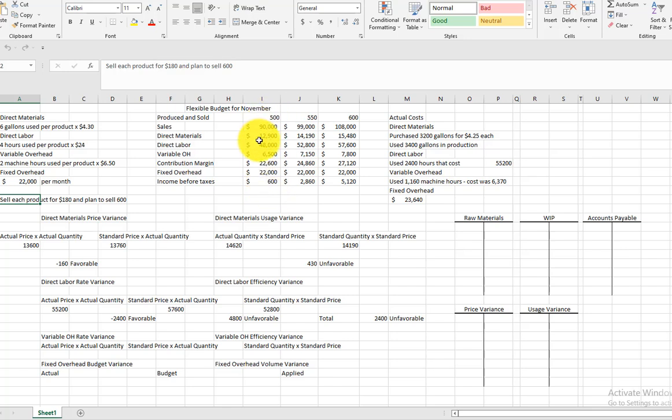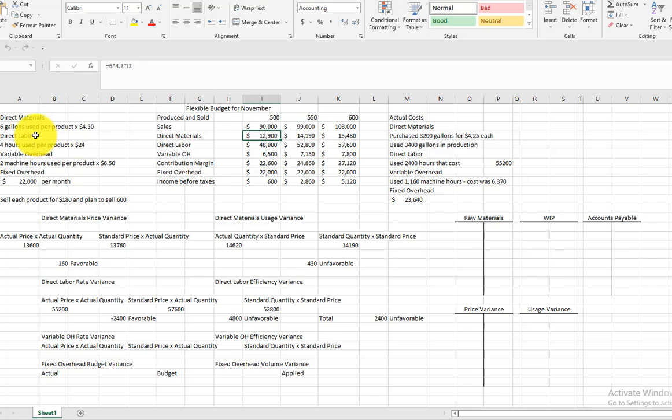So we're going to do a flexible budget at 500, 550, and 600. So 600 is what we are planning, but just in case we don't hit that, we're going to have a flexible budget set up. So if that's the case, sales for 500 would just be 500 times 180.